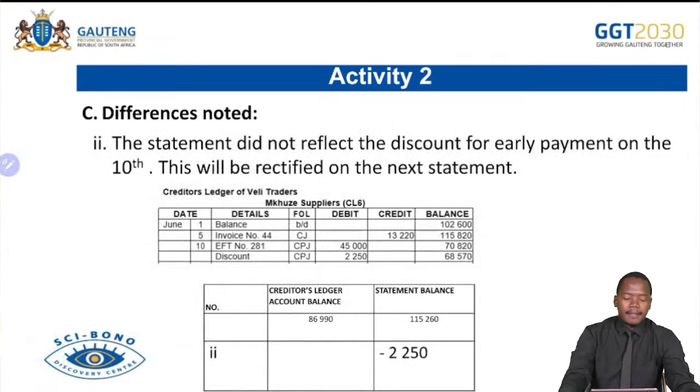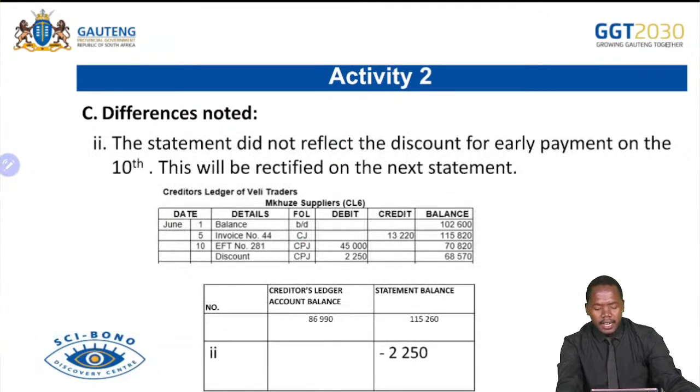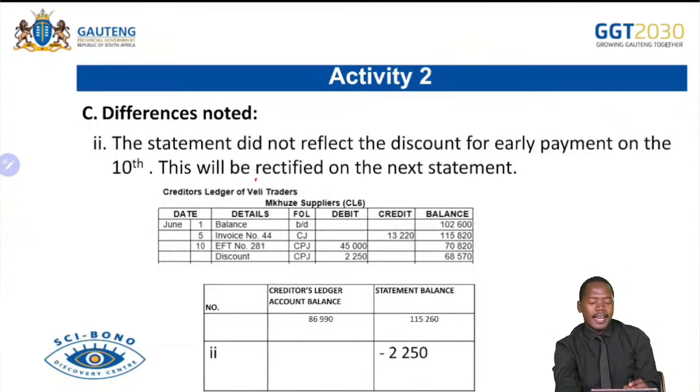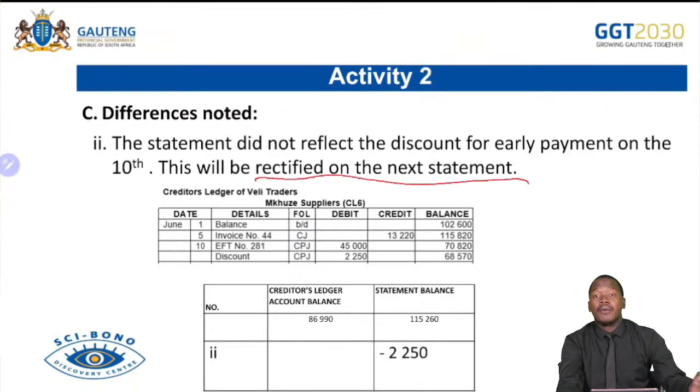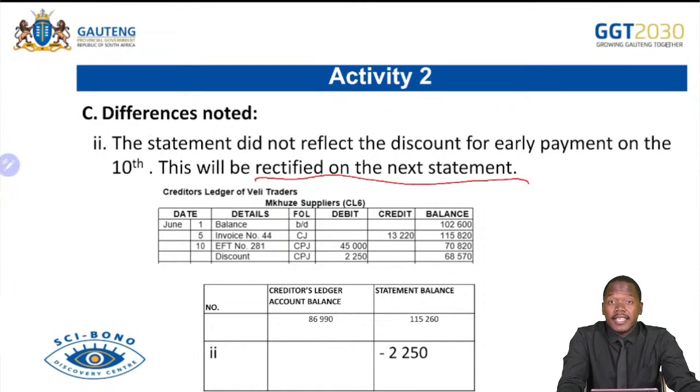Right, moving forward. The statement did not reflect the discount for early payment on the 10th. This will be rectified on the next statement. Remember, when we're doing bank reconciliation, I said if the bank agrees to rectify, then it becomes their problem.